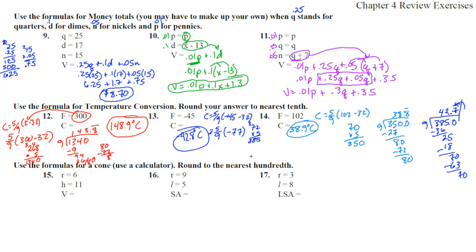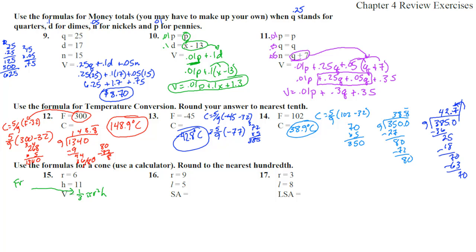Excellent. Okay, number 15 says use the formulas for a cone. So we need to look up the formulas for a cone. If we look in our textbook, the formula for volume right here is going to be 1/3 pi r squared h. So that's the formula, and we get that from the book.